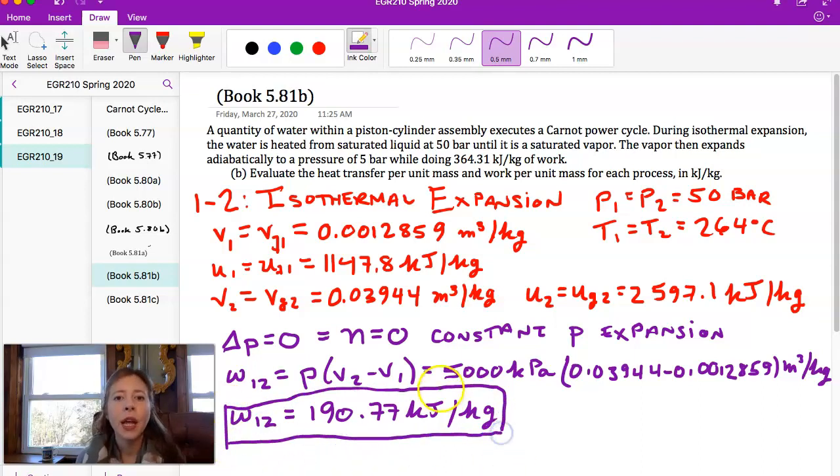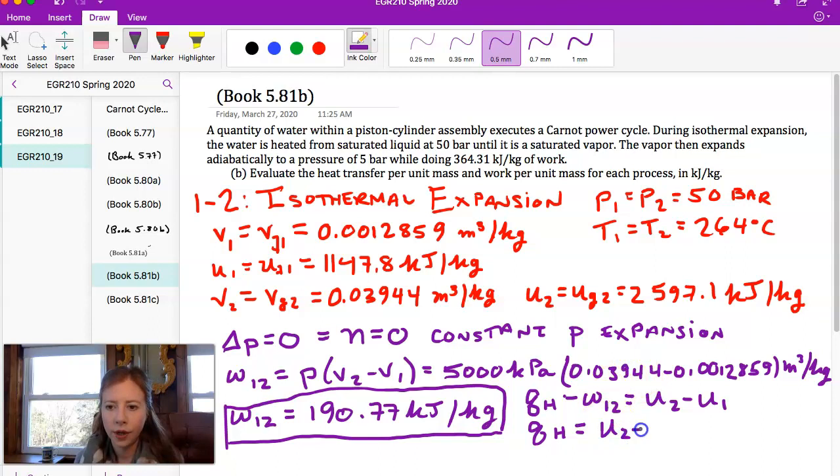Box around it. And so we also need to find the heat transfer per unit mass for each process. So Q, this is going to be QH, it's going to be QH minus W12. It's going to be equal to U2 minus U1. So QH is going to equal U2 minus U1 plus W12.